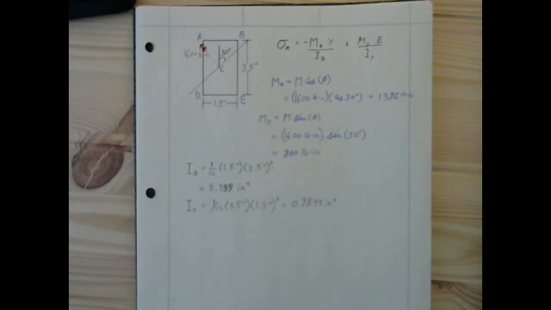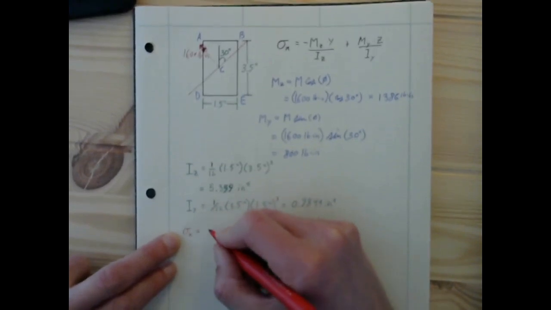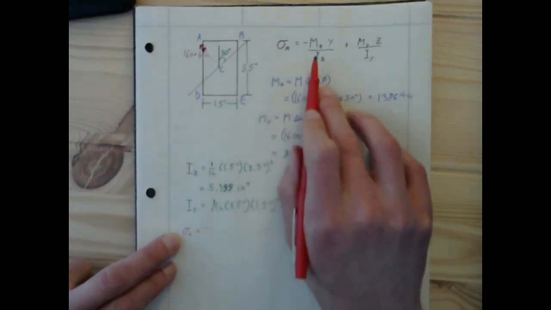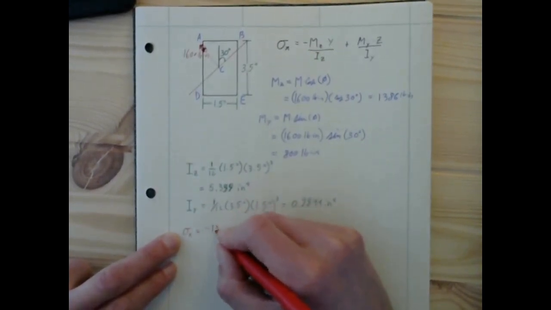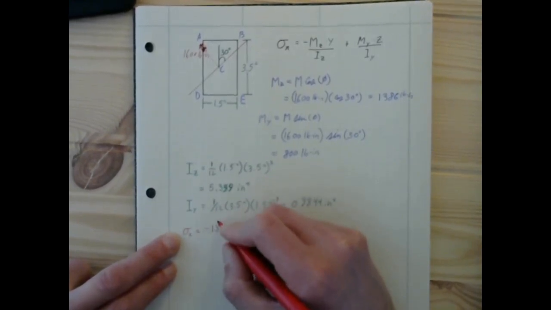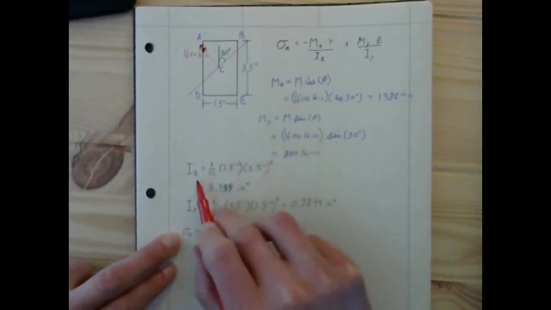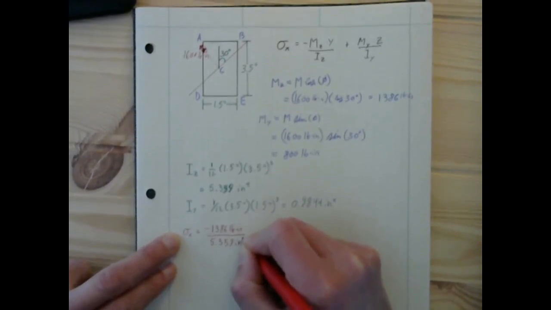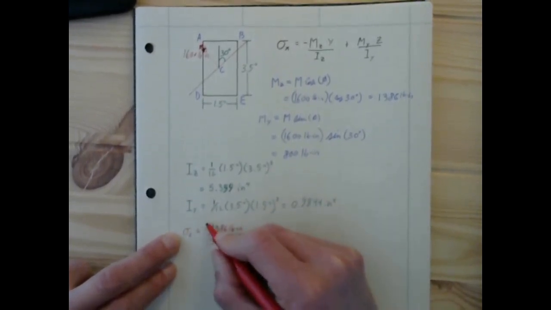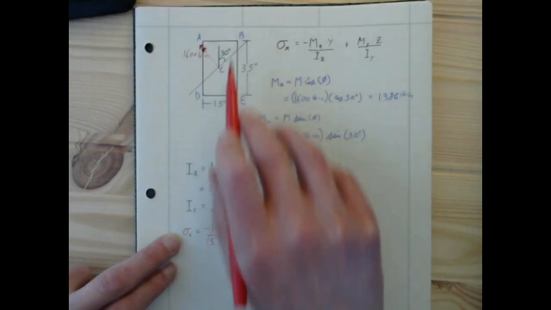So our stress will be equal to, well, negative moment about the z-axis, yada yada yada, 1,386 pound-inches divided by 5.359 inches to the fourth, times our lever arm in the y direction.